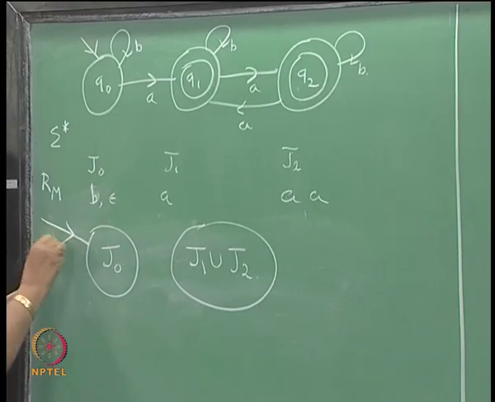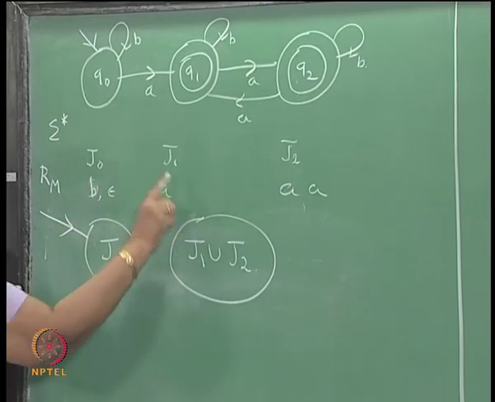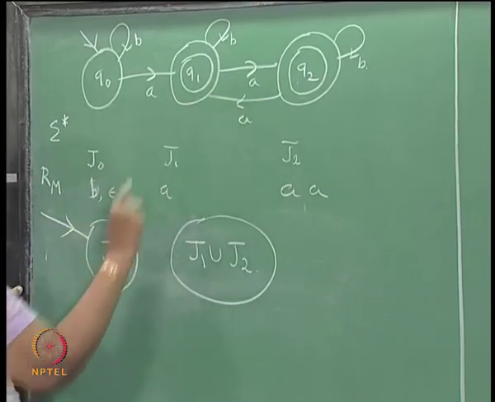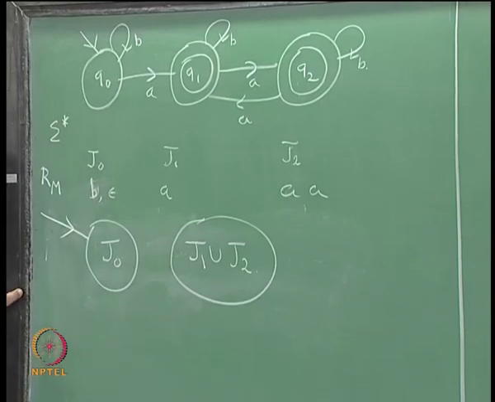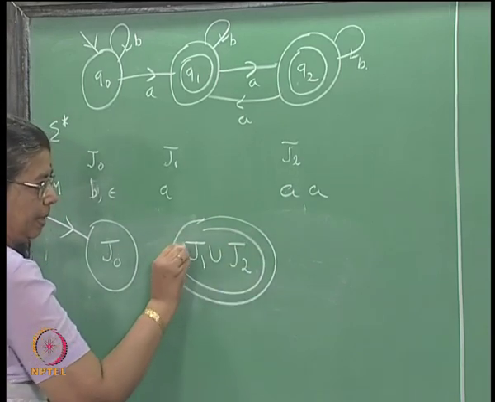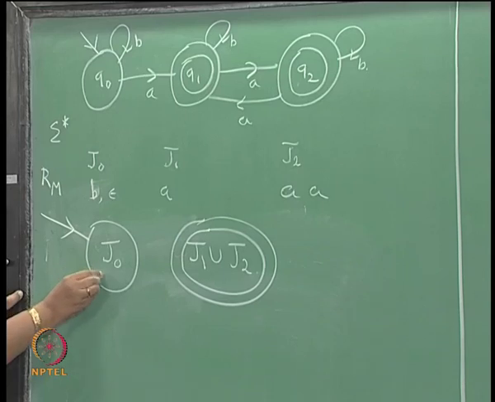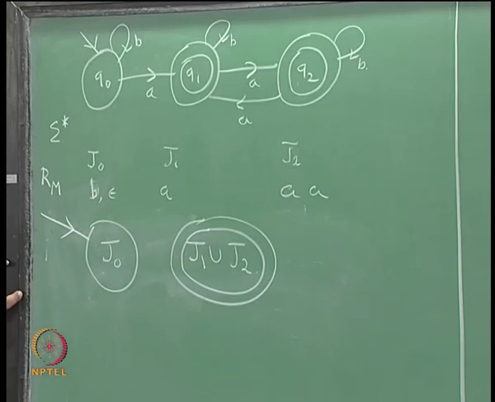So, this will be the initial state, and J1 is this equivalence class, which corresponds to the final state, and whichever is in J1 will be accepted. So, this is the final state. How are the transitions defined? Starting from J naught, after reading A where will you go to?